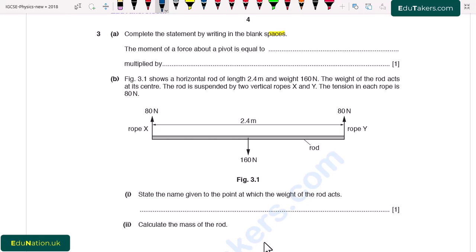So I write here the moment of force about a pivot is equal to the force multiplied by its perpendicular distance from pivot.